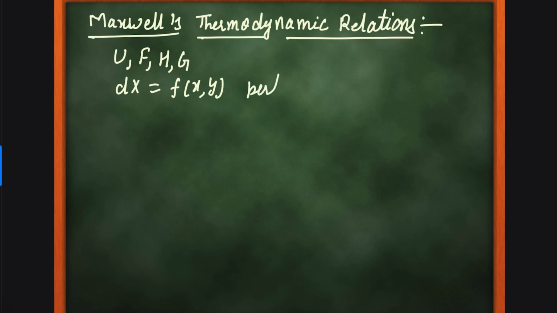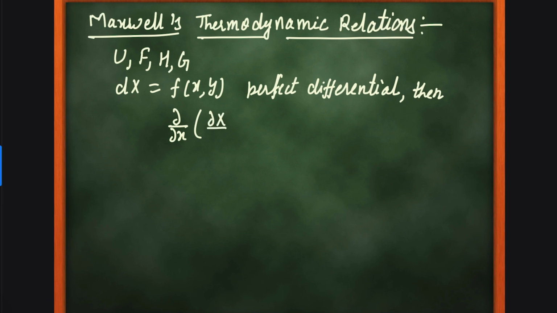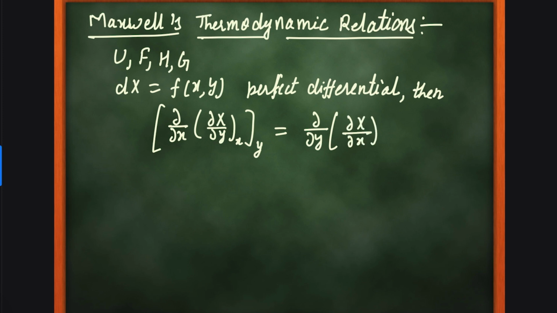When it is a perfect differential, then del over del x of del z over del y, keeping x constant and the whole keeping y constant, must be equal to del over del y of del z over del x, keeping y constant and the whole keeping x constant.